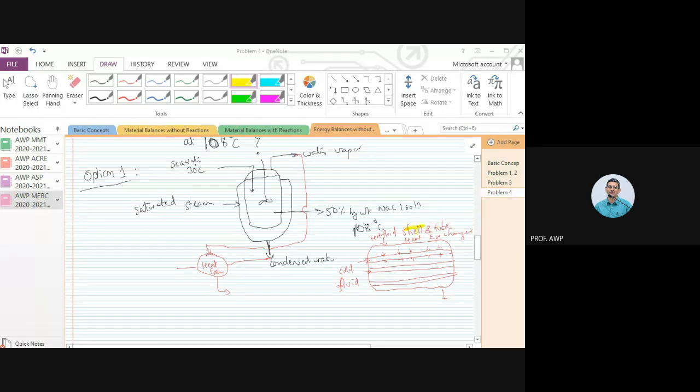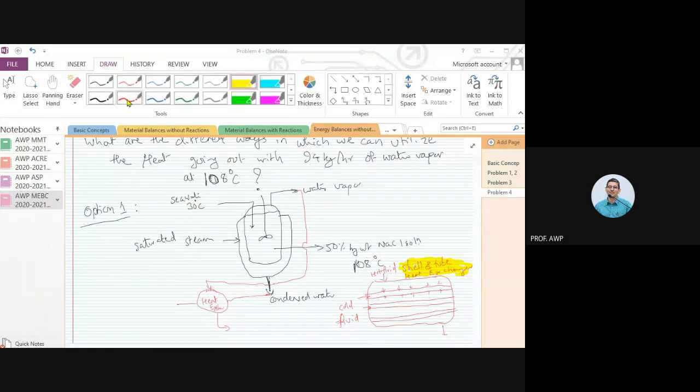Okay. This is going to come anyway in semester 5 when you start looking at how heat is transferred and how you calculate all these things, how you find out the size required of a shell and tube heat exchanger. But Smith, do you see a problem? What temperature is this water vapor coming out at? 117 degrees centigrade. What temperature is this condensed water coming out at? 137 degrees centigrade.